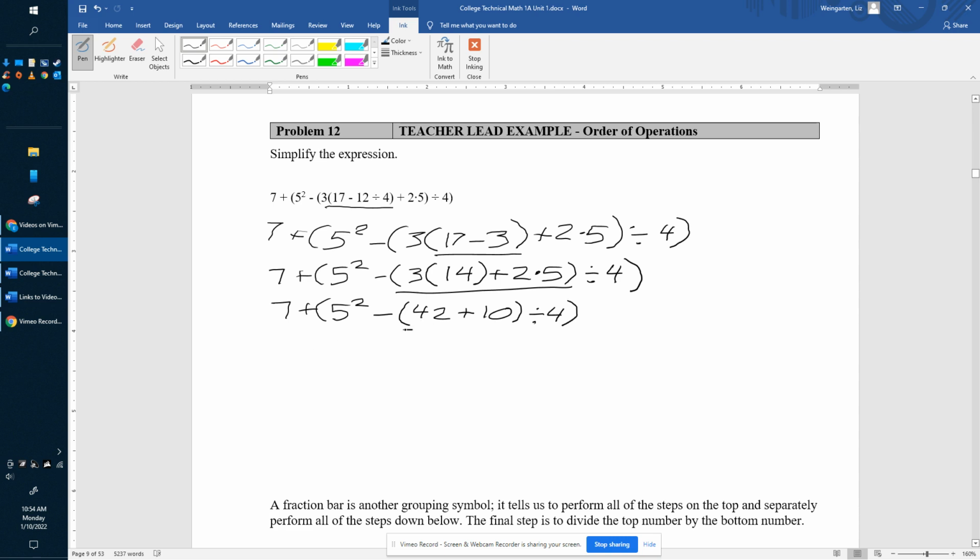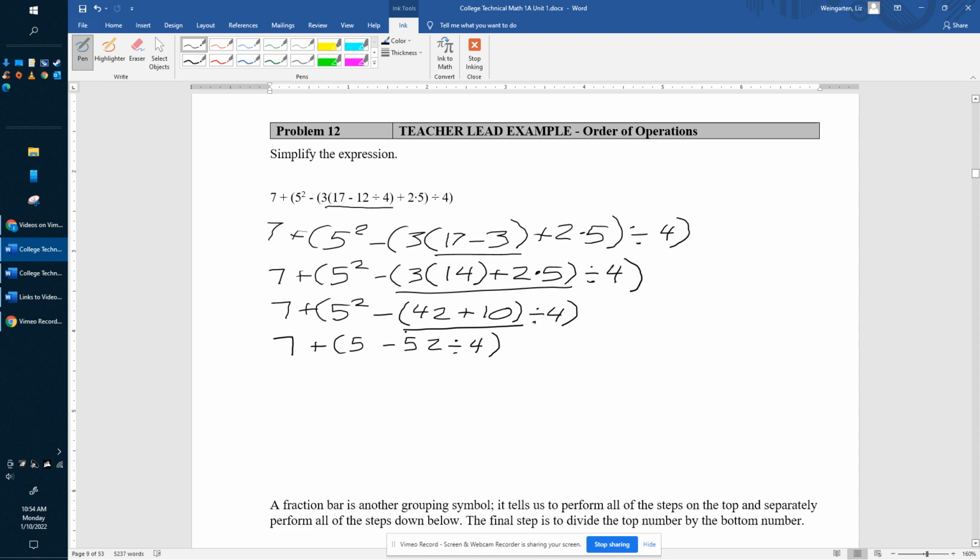We still have this innermost parentheses that we need to work out, so we'll just rewrite everything else. So 42 plus 10 is going to give us 52 divided by 4.